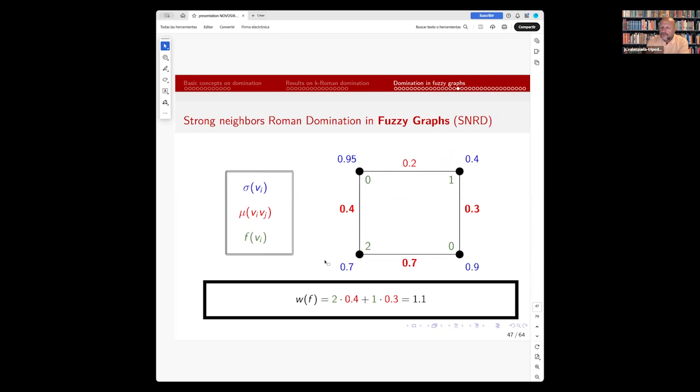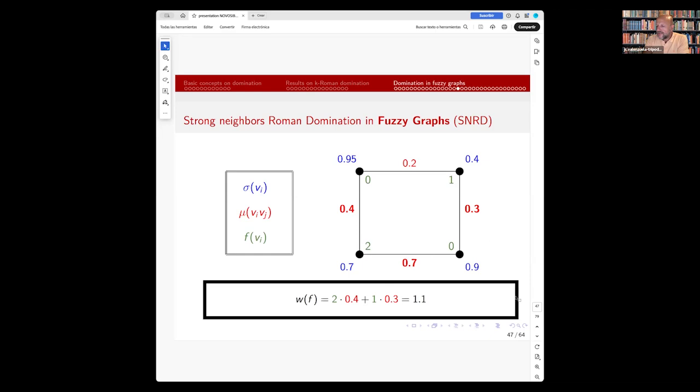Also, the weight of this function will be this label times the minimum of the membership value of its strong neighborhood, so 2 times 0.5, plus this label 1 times the only strong neighbor, which in this case has 0.3 membership value, so the total weight will be 1.1.